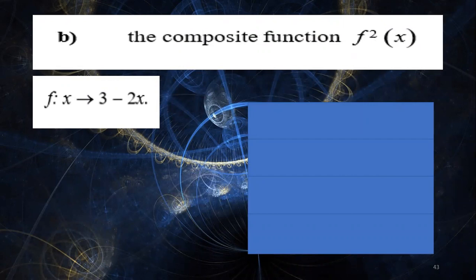This means we are finding this function of a function. That's what the composite function means. It is not function multiplied by a function. That is completely 100% wrong. If you do that in the exam, you will get this question wrong. The composite function f2 of x is what we are chatting about here. So let's see how we're going to interpret that.